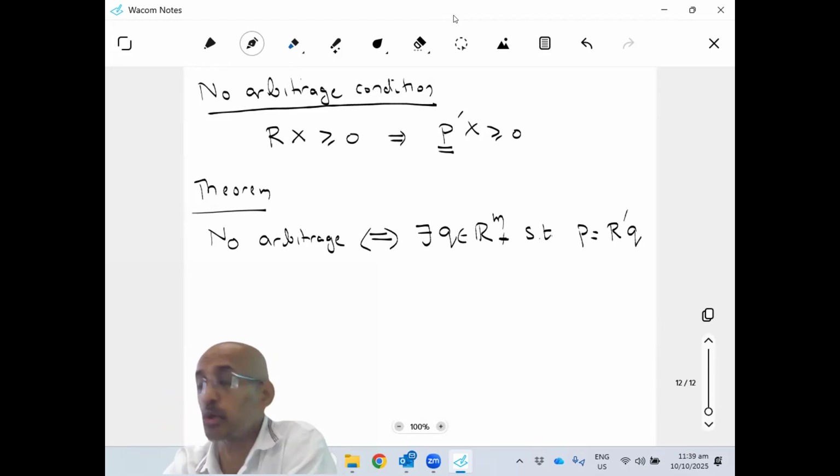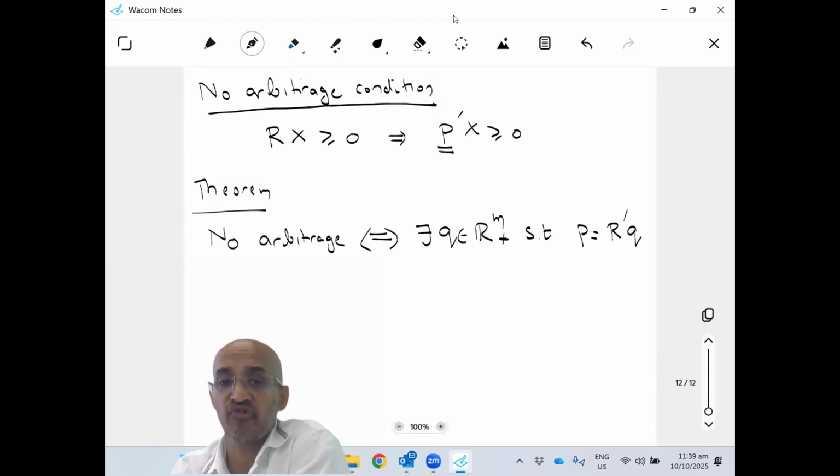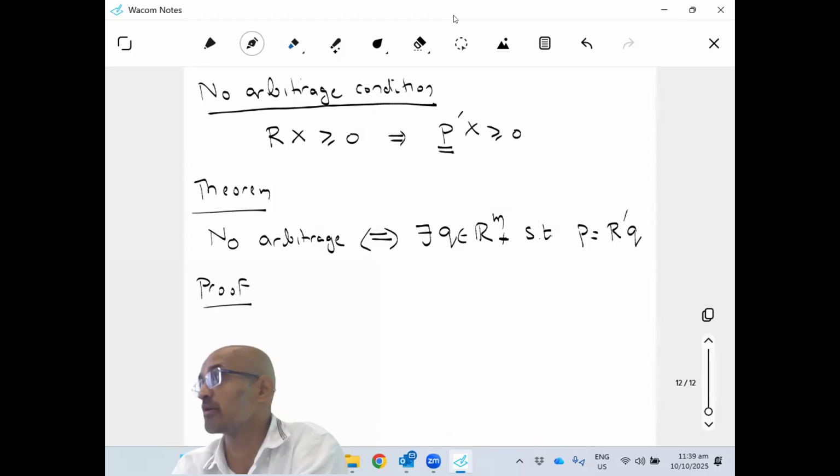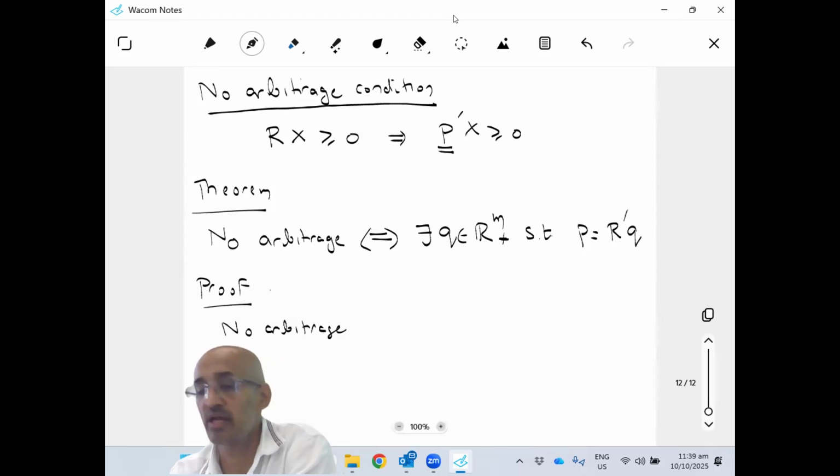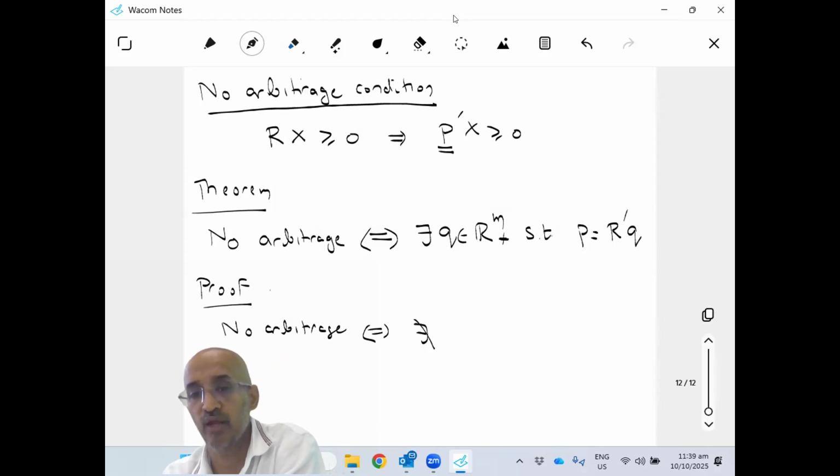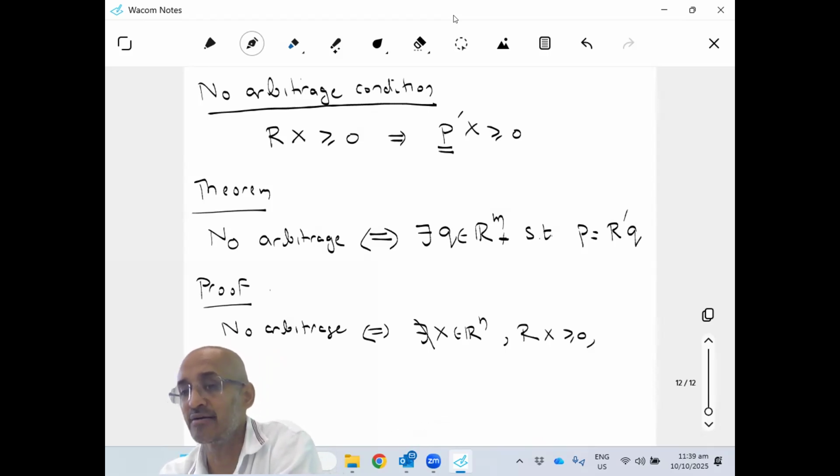I'll try to interpret this condition in a bit, but let's first see why this is just an application of the Farkas lemma. What is no arbitrage saying? You cannot find me a portfolio x in Rn so that Rx is non-negative and I don't have to pay money.